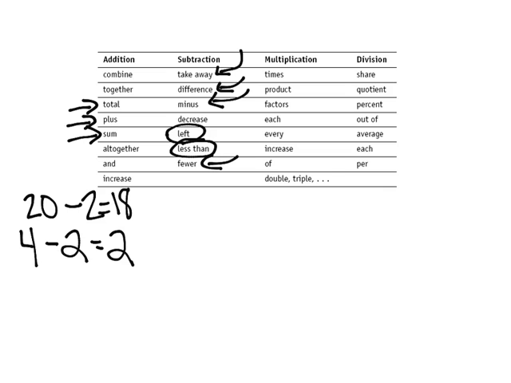In the third column we have multiplication, which you have very often seen the words times, product, double, and triple. The word that I really want to point out today is factors. Factors are going to become incredibly important as we study math this year.